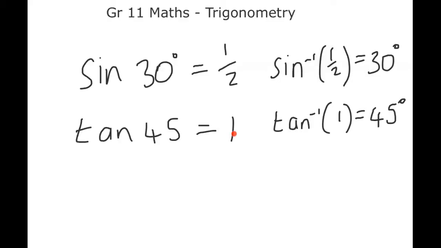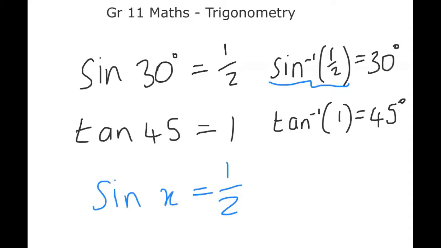It might differ what it's called in certain schools, but I call it the inverse. So for example, if you have sin x equal a half, then the inverse sine of a half gives you 30 degrees.